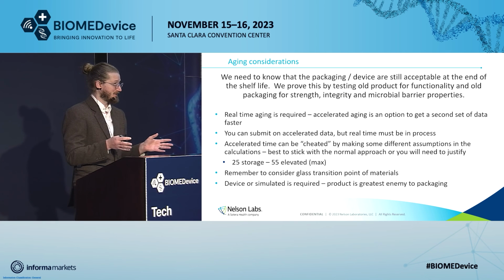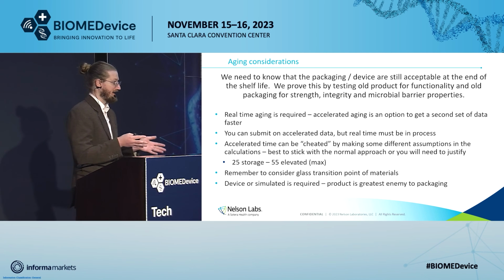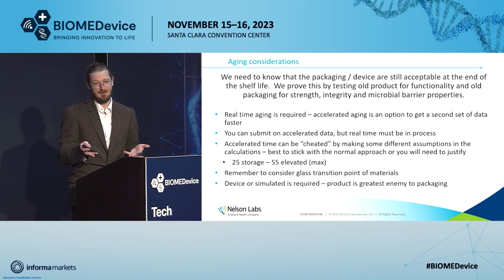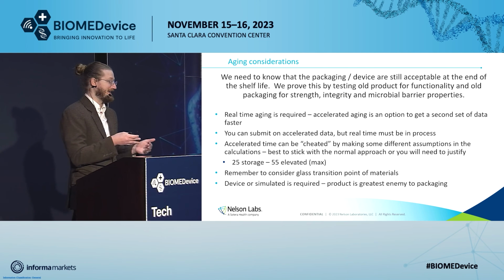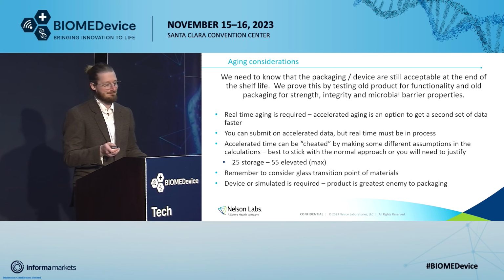A lot of people try to mess with that, but at the end of the day, it's really just best to go with what the standard recommendation is, unless you've got really good justification for being something else. If they see that you're just trying to shorten your timeline by messing with the numbers, it's not going to fly.